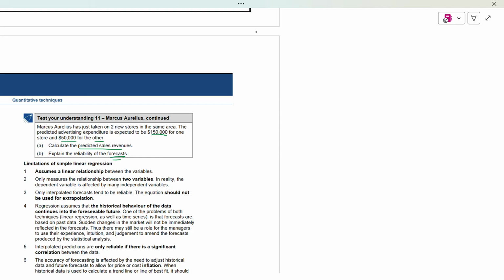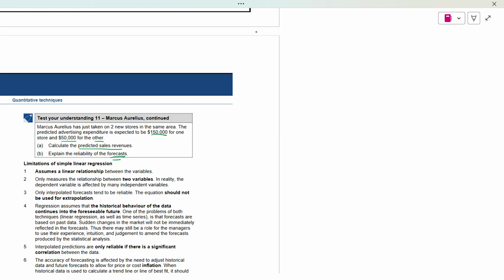For one store it is 200. There are two stores. The predicted advertising expenditure is 150 for one store and 50,000 for the other store.